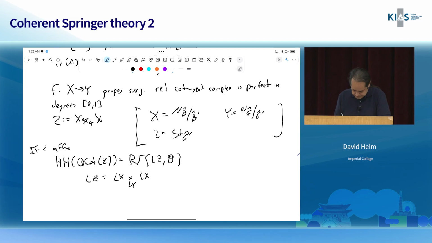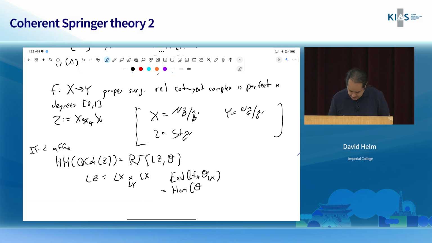And the point is that in nice situations, in a lot of generality, one has that End of, let's say, LF star O_LX.